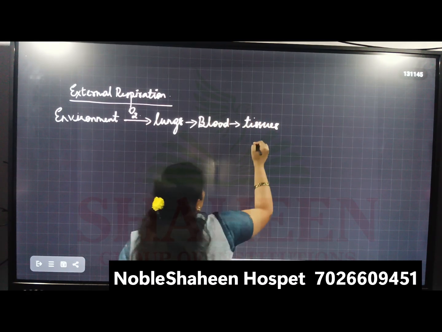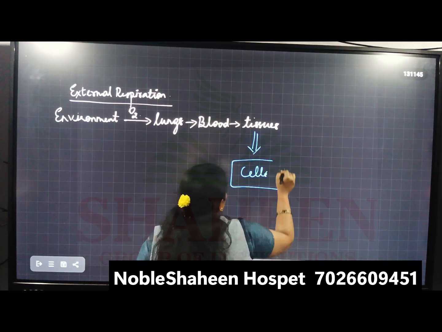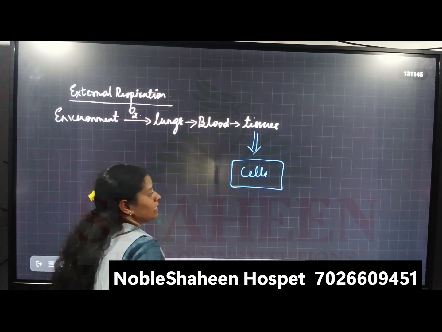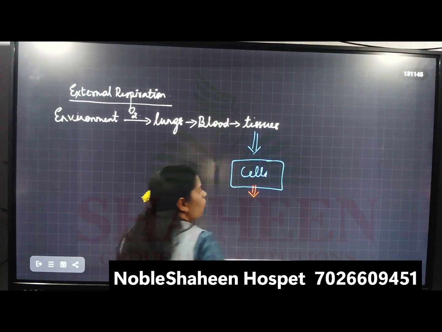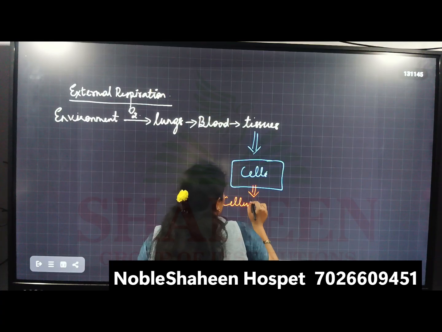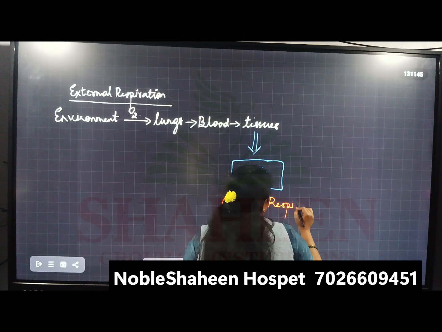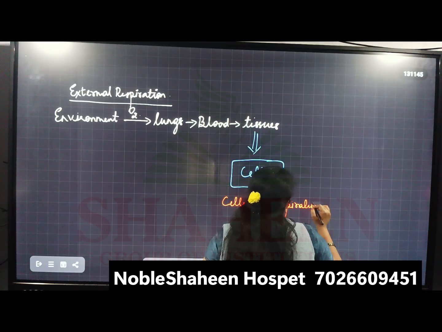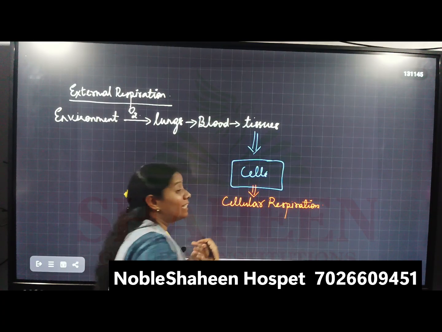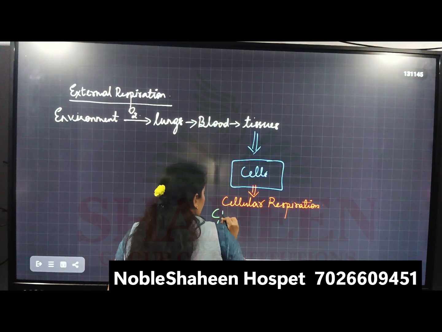From tissues it is going to come to the cells. And what happens inside the cell? We all know that. What is the reaction called? Yes, cellular respiration. So inside the cell, cellular respiration happens. This is also called internal respiration, where, let me write the reaction again.